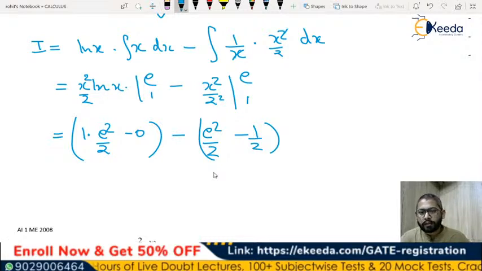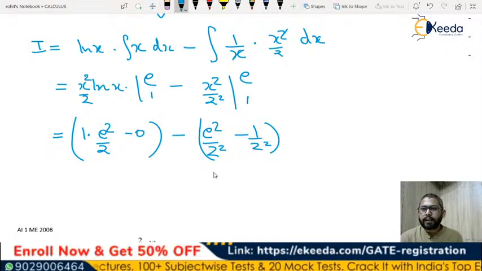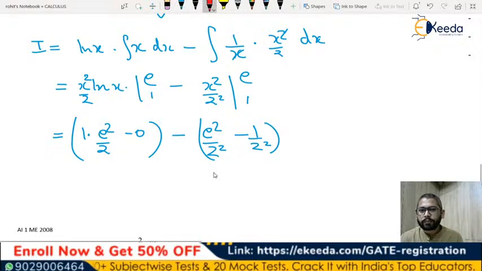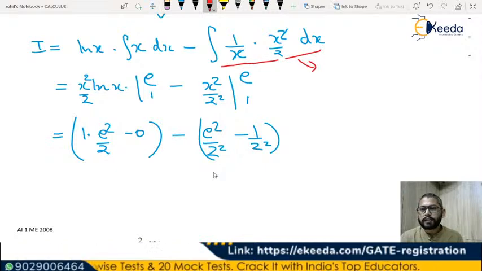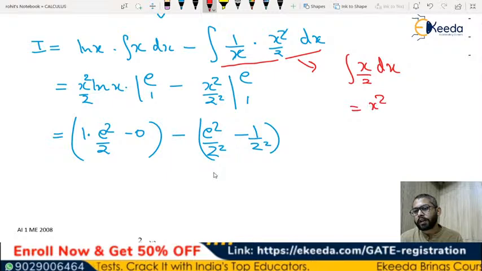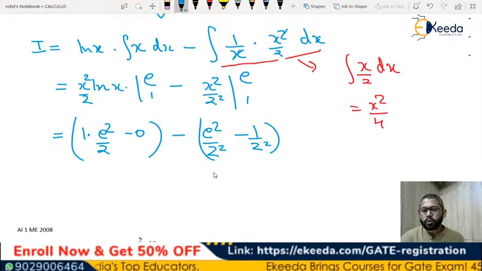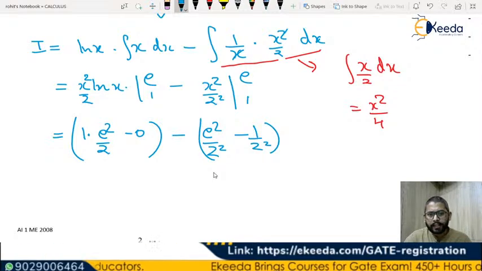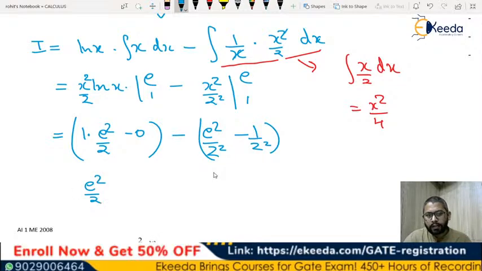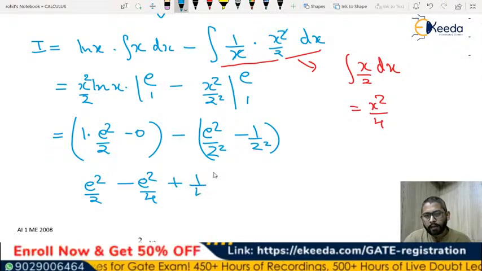Let's write 2 square and 2 square, because this is the integration of x by 2 dx. So this will be x square by 4. So this is going to be e square by 2 minus e square by 4, and plus 1 by 4.